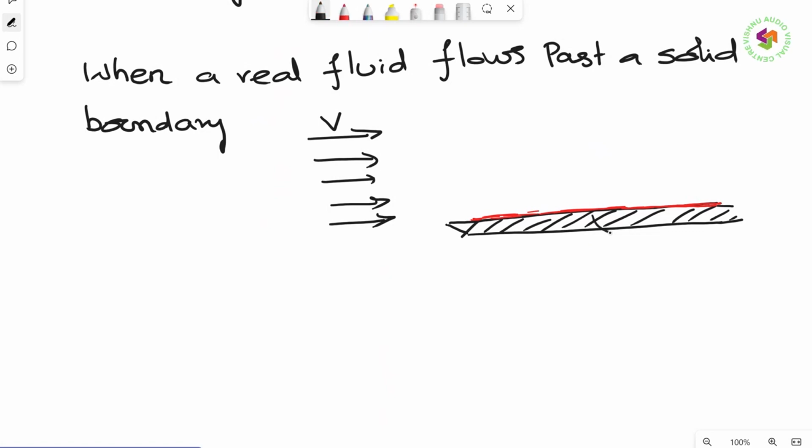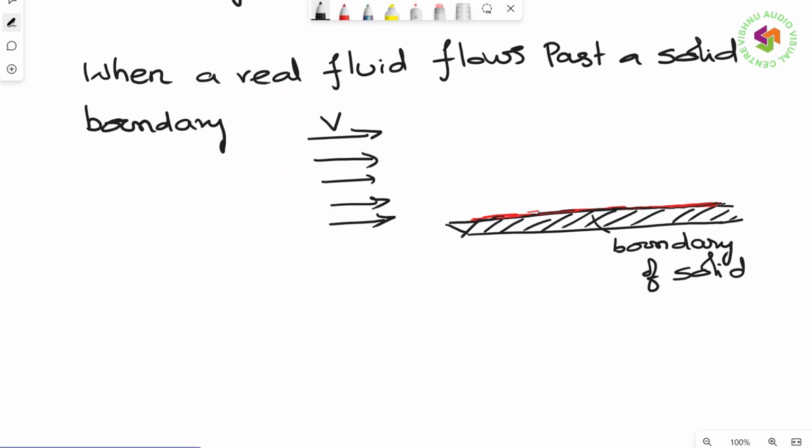This is the boundary of a solid. So when a real fluid flows past a solid boundary, the fluid layer which comes in contact with the boundary has a velocity equal to the velocity of the boundary.